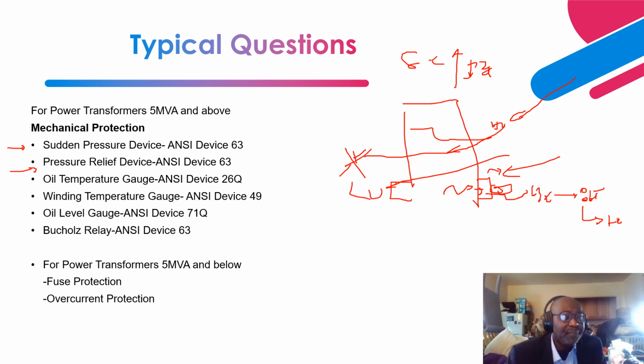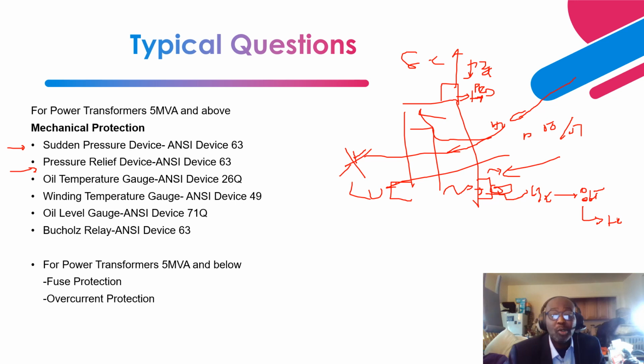Next is our pressure relief device. The pressure relief device is mounted on top of the transformer. That is the last resort of protection, if all the protection elements on the transformer should fail. If the sudden pressure protection should fail, if the differential should fail, if the backup 50/51 element should fail, then by that time the fault would have evolved into a big pressure inside, because the tank becomes basically a pressure vessel.